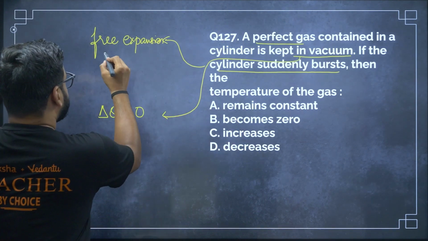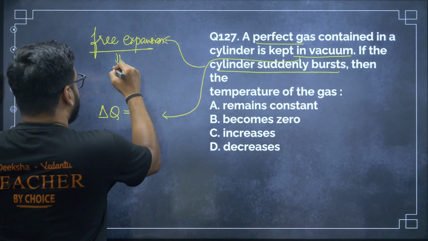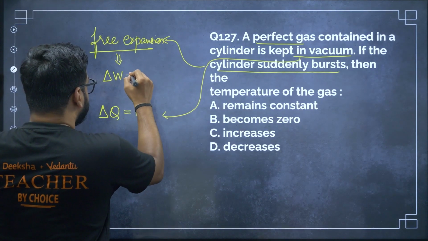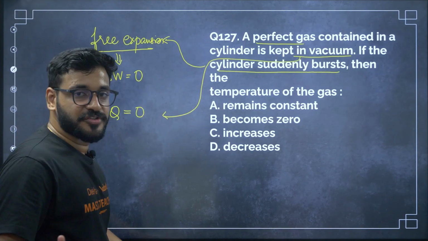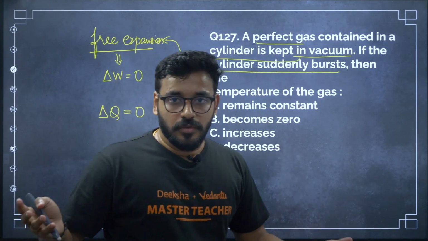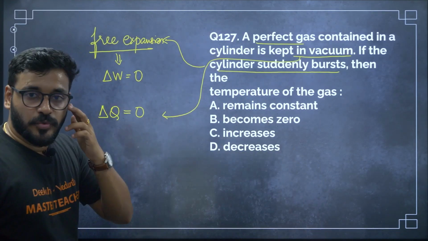And since it is free expansion, there is no work done by the gas or on the gas. It's a free expansion, right? So work done is 0, and there is no heat transfer.